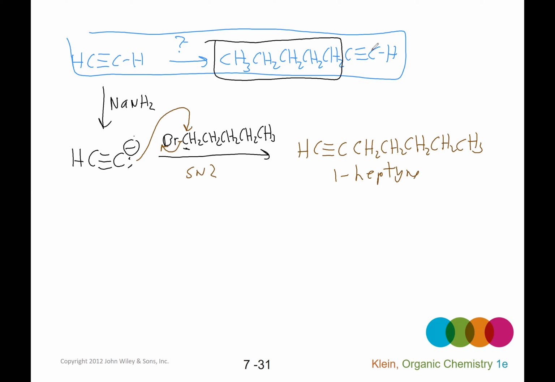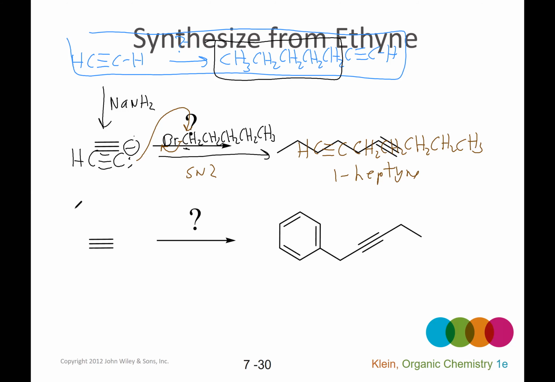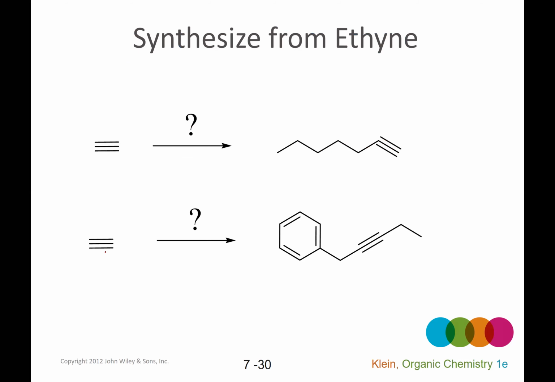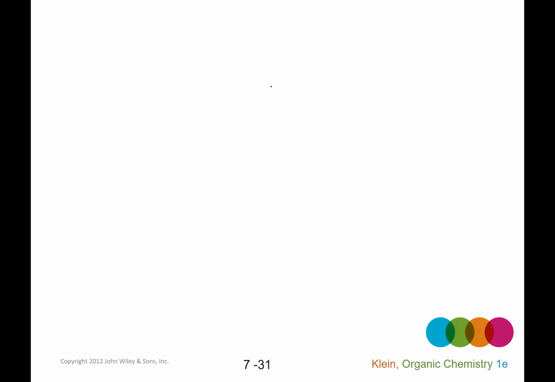So let me show you another one. And let me take a look at what we had on the previous slide, because I don't remember. So let's do this one here. So we want to go from acetylene to this compound. 1, 2, 3. It's a 5-carbon chain here with the triple bond attached to a benzene ring. So let me see if I can remember to draw that. So we have a benzene ring. I'm going to just use Ph to stand for the benzene ring.